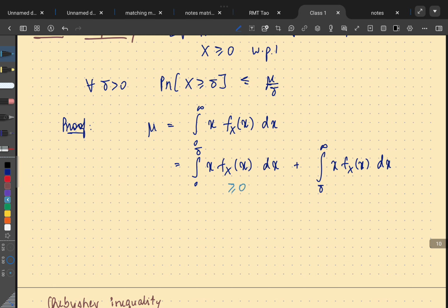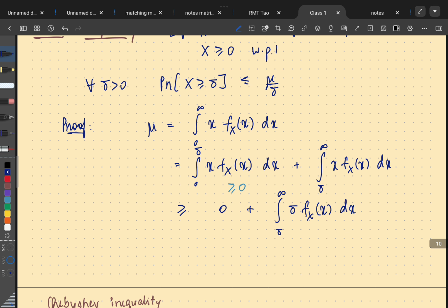The first term is greater than or equal to 0. So this quantity is greater than or equal to 0 plus the integral from delta to infinity. Within this integral, x is always greater than or equal to delta. So this is greater than or equal to delta times f_X(x) dx.